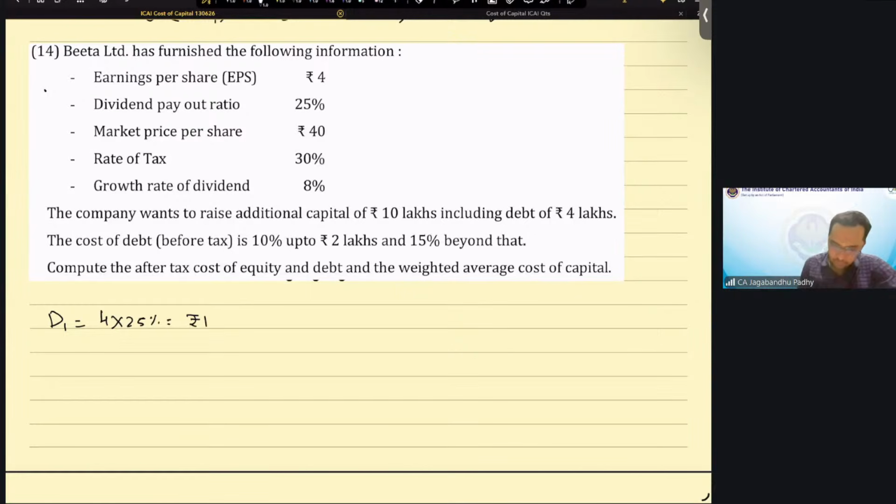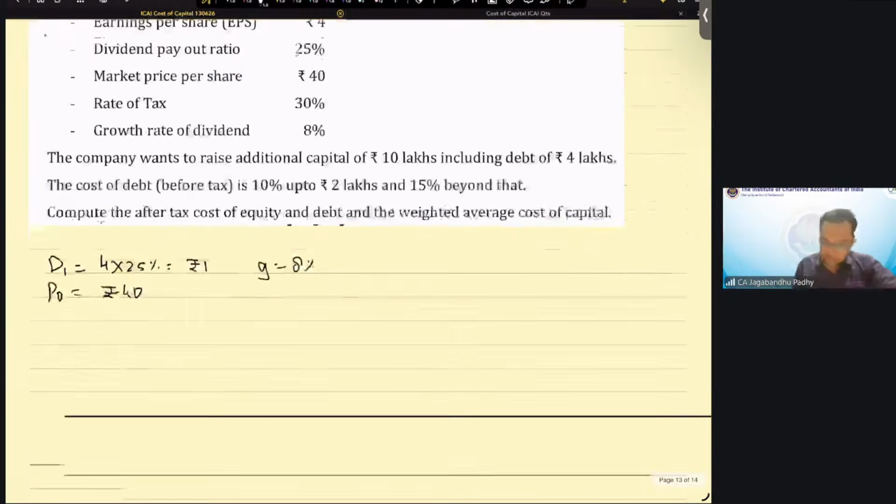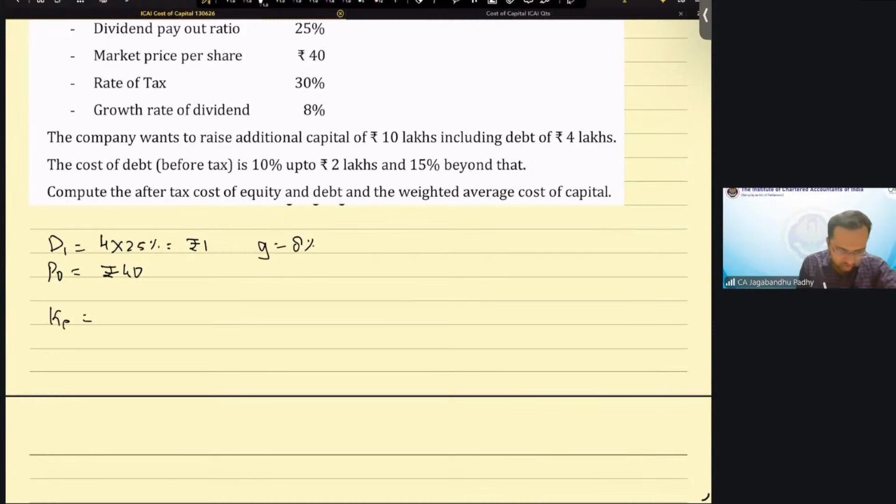So dividend is 1 rupee, right? And then we have the market price, which is P0, is 40 rupees. Growth rate is 8%. Can you calculate the KE by using constant dividend growth rate model?